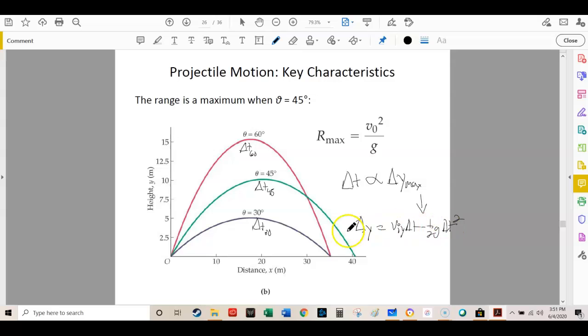And since these delta t's are in the numerators, if delta y goes up, that means delta t is going to go up as well, right? So that's how I got that analogy.